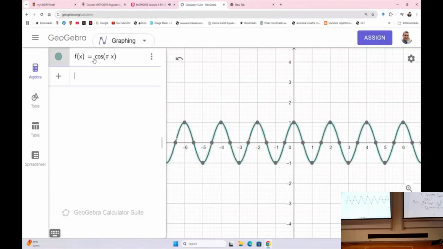Okay. What do you notice? What's the value of that green curve at x equals 1? Yep, and at x equals 2? Yeah, between -1 and +1. Okay. Yeah, so n's an integer here, but here it's not.